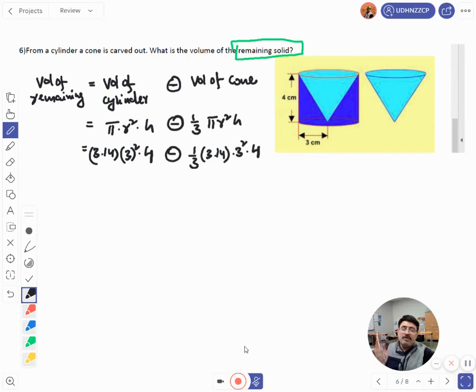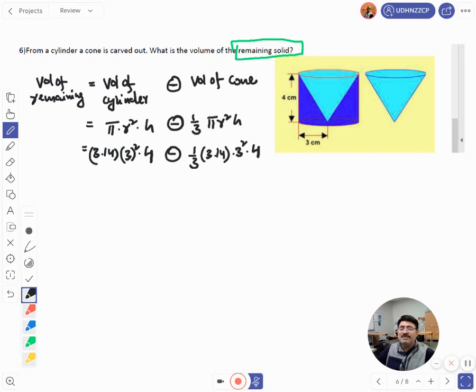So here, let me take my calculator and plug in the values, which is 3.14 times 3 square times 4, subtract one third of 3.14 times 3 square times height.